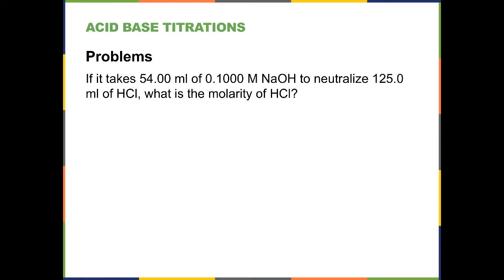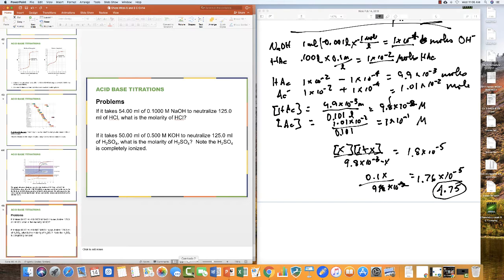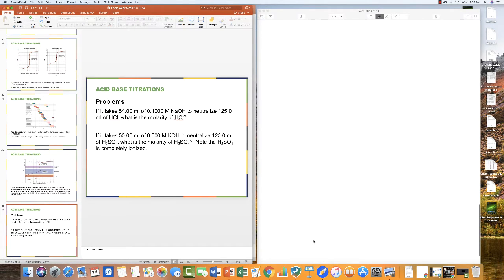If it takes 54 mils of 0.1 molar sodium hydroxide to neutralize 125 mils of hydrochloric acid, what is the molarity of the hydrochloric acid? This is actually a very simple calculation. You use the equivalency that the molarity of one times its volume equals the molarity of the second times its volume.